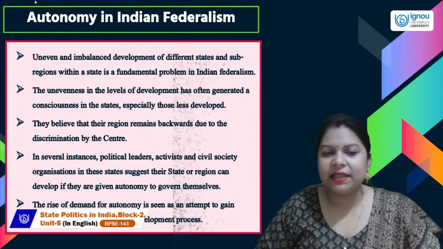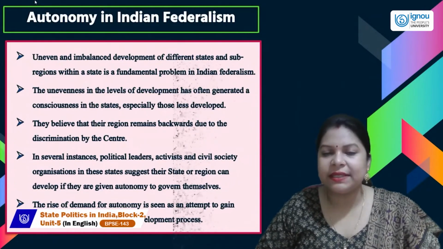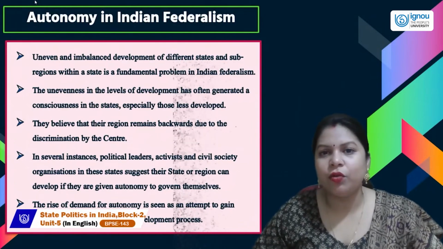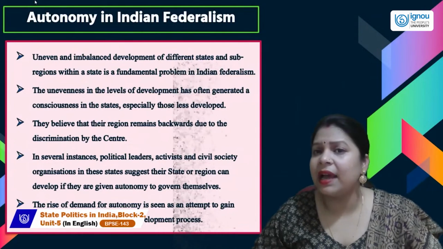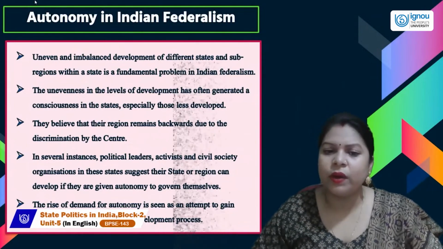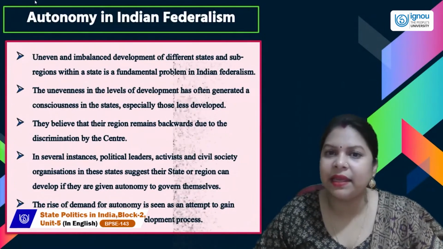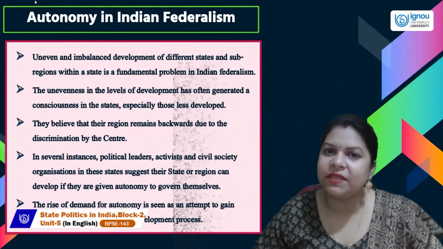The unevenness in the levels of development has often generated a consciousness in the states, especially those less developed. When you know that you are not developing like the other states, it generates a consciousness that we are lacking somewhere, we are behind some states.